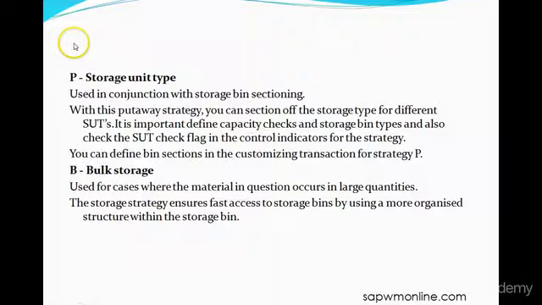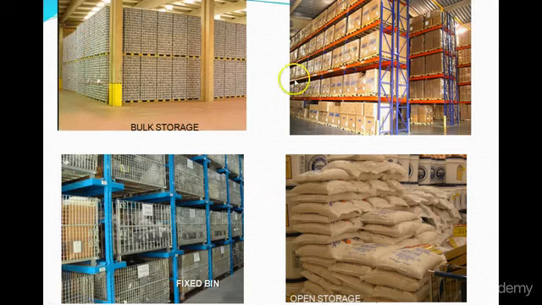So for example, if I take this particular rack and I were to implement pallet strategy P, what I could do is pick this particular rack. So this is a shelf. These are levels 1, 2, 3, 4, 5, and we have stacks 1, 2, 3, 4, 5.